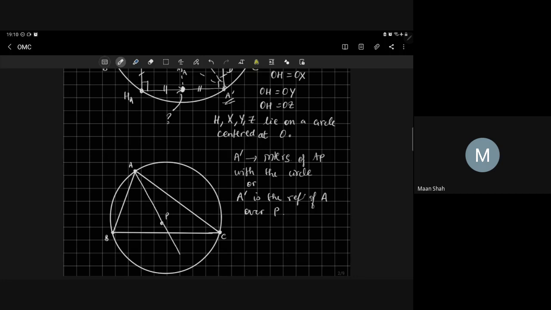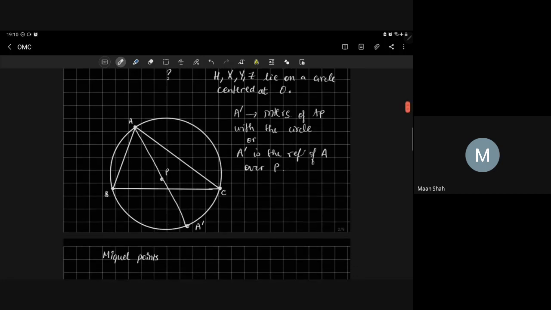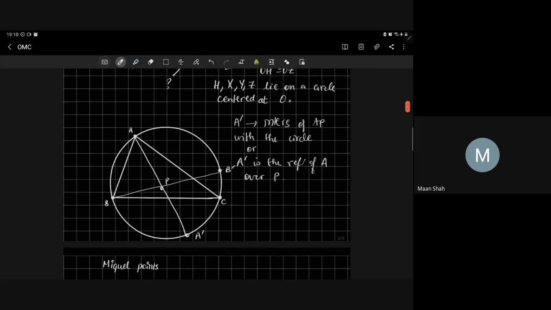So, for example, let's take the circumcircle case. This is A prime. Again, we define B prime, C prime similarly. Again, X, Y, Z are reflections of A prime, B prime, C prime over BC, CA, AB respectively.